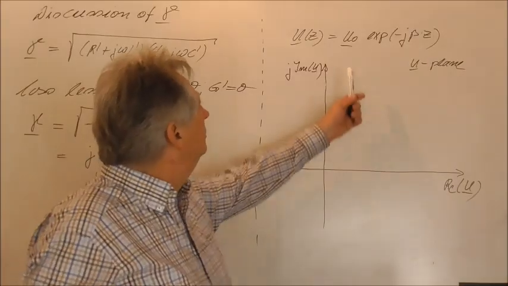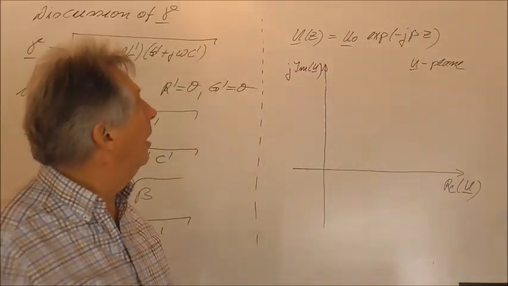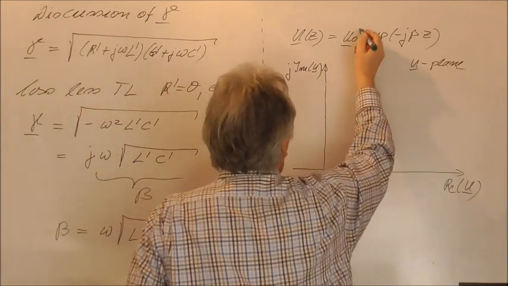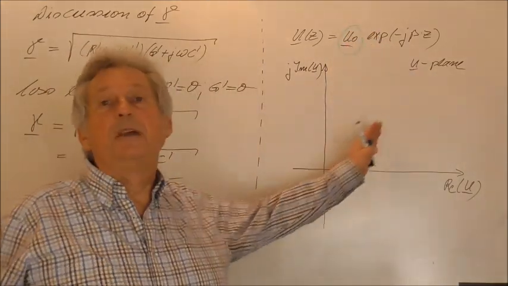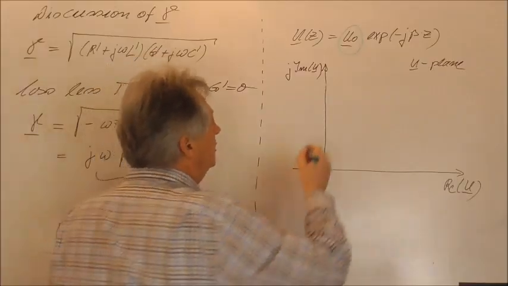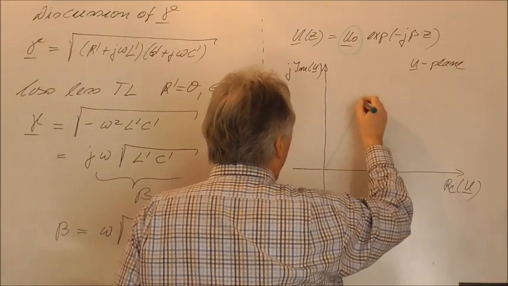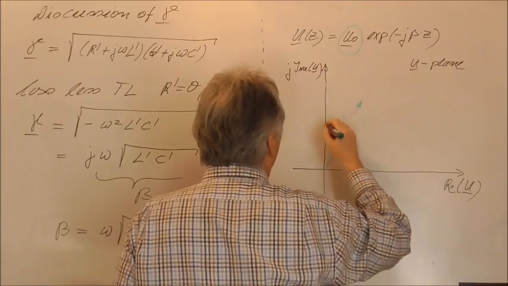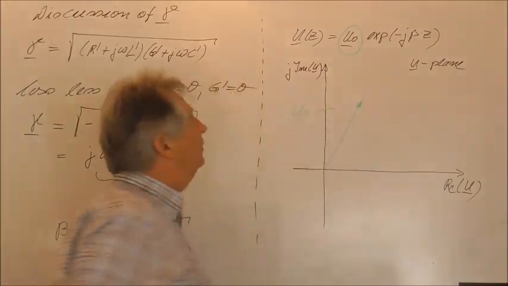And we see at the moment we don't know how to choose this constant, so I just assume that this constant lies somewhere in this complex plane. The green arrow will be U naught here. So this is a constant.